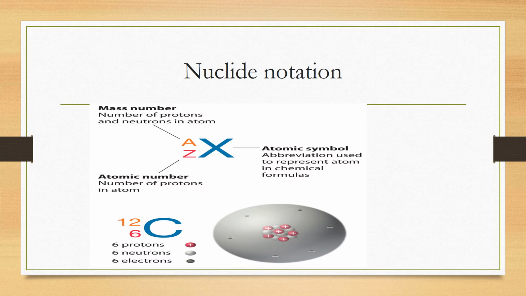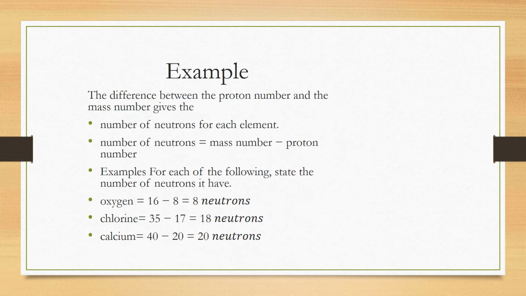So this carbon has 6 protons and 6 electrons all together. In this case it also has 6 neutrons. How did I get the number of neutrons? You simply say mass number minus proton number, you get your neutron number.